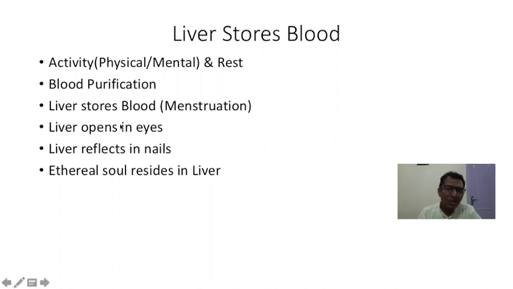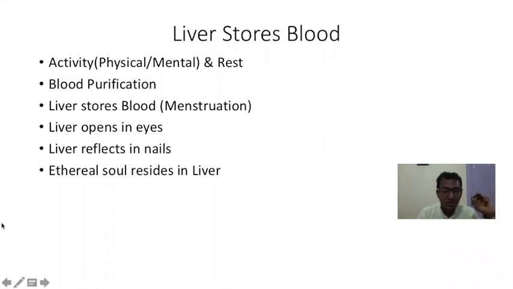And because the liver is also storing that blood, in females during their periods the blood comes out. What TCM says is that the blood which comes out of the female genitals is directly linked to the blood which is stored in the liver.